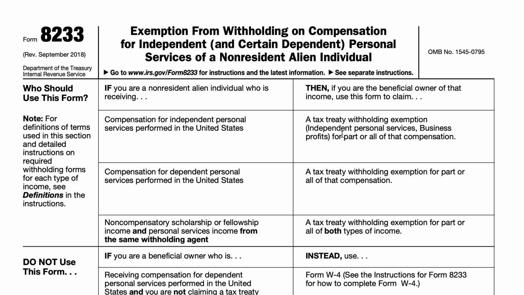And again, probably the most common example would be a graduate student who might be here on a scholarship or a fellowship, but is also earning a little money on the side as a teaching assistant. So if you have a tax treaty that has an exemption for part or all of both types of income, you would use this form.